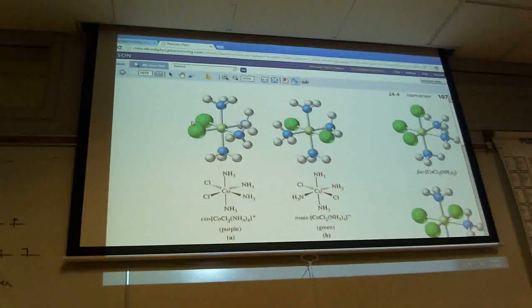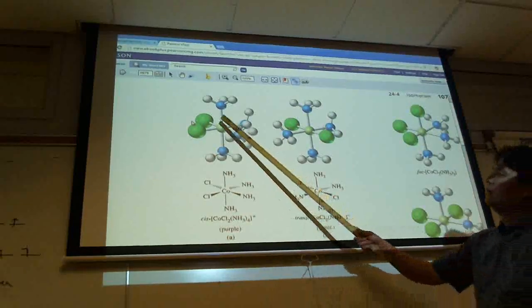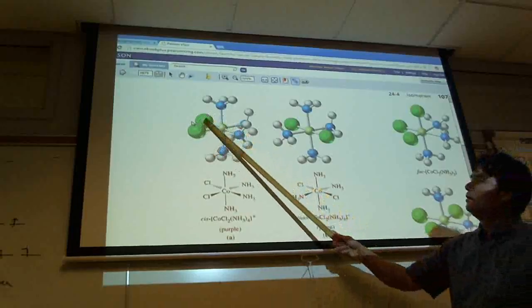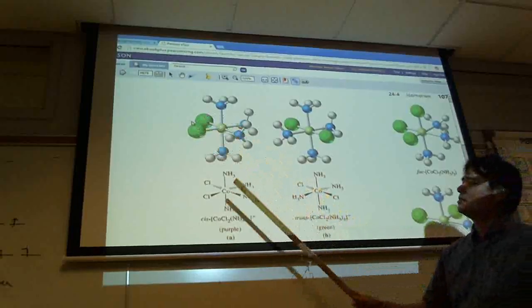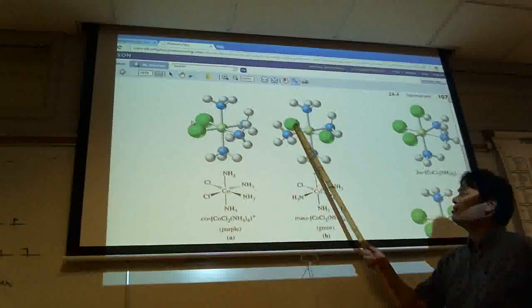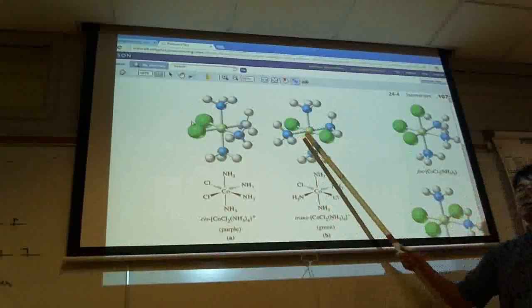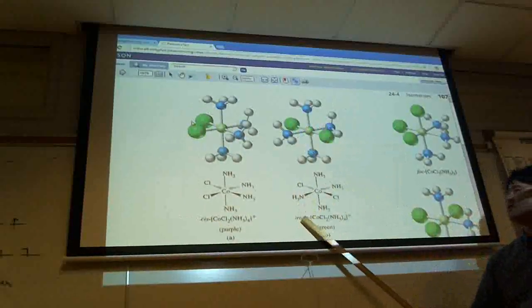Okay, here in an octahedral complex we can see it again. Two of a kind. The chloros are adjacent, that's the cis. The chloros are opposite, that's the trans.